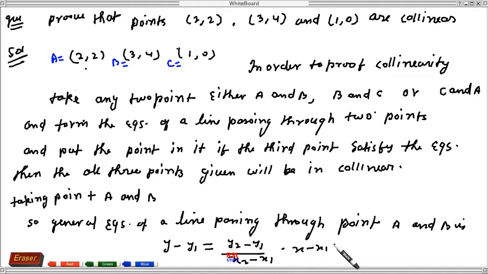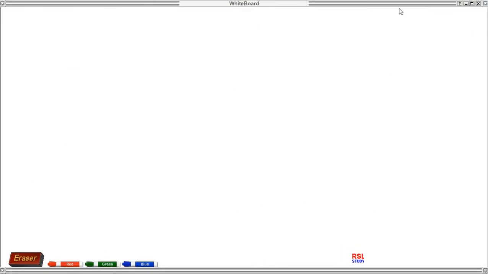So remember it, any 2 points. Now we will put the values of x1, y1 and x2, y2 in this general equation.